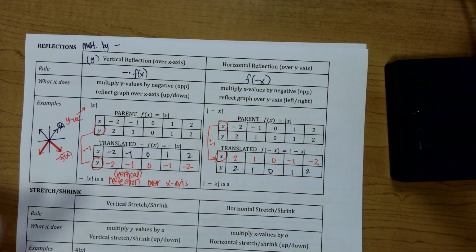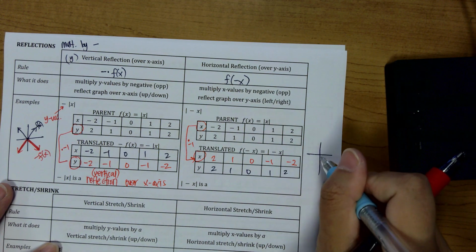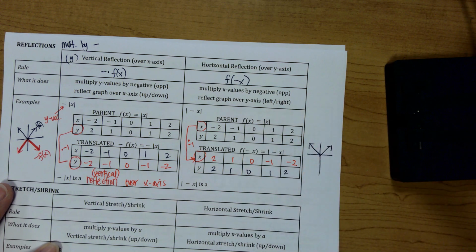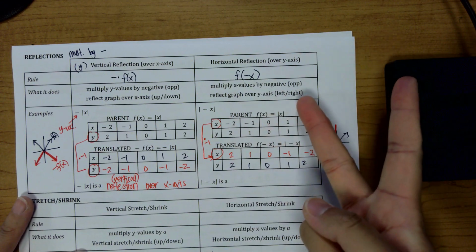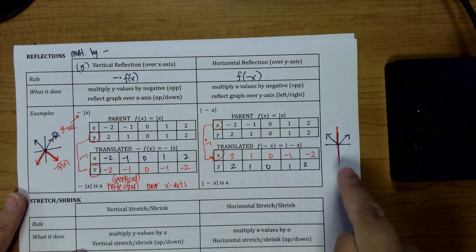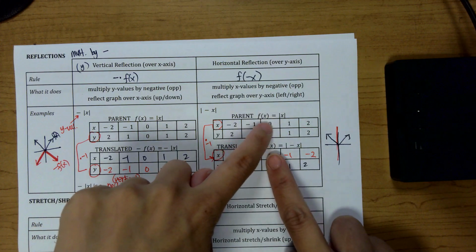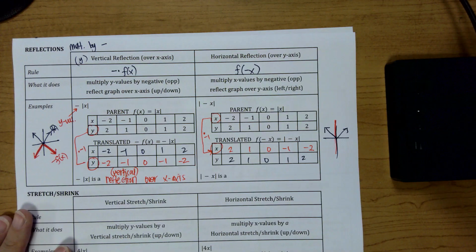Okay, in this case, guys, because we're at the vertex, if I reflect over the y-axis like this, do you see how it doesn't actually change our values? So this negative 2, 2 is still the same, right? This is not always the case, but it just happens when you're reflecting the parent function.